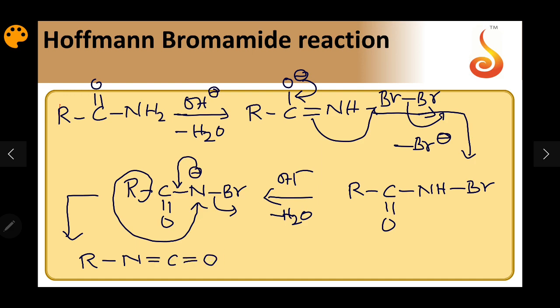This isocyanate on hydrolysis in basic medium gives RNH2 and carbonate ion. So if I use potassium hydroxide, I get potassium carbonate. If I use sodium hydroxide, I get sodium carbonate. This is the Hoffmann rearrangement. A very important point is that it is strictly 100% intramolecular migration. If I use two amides, there is no cross product formation.